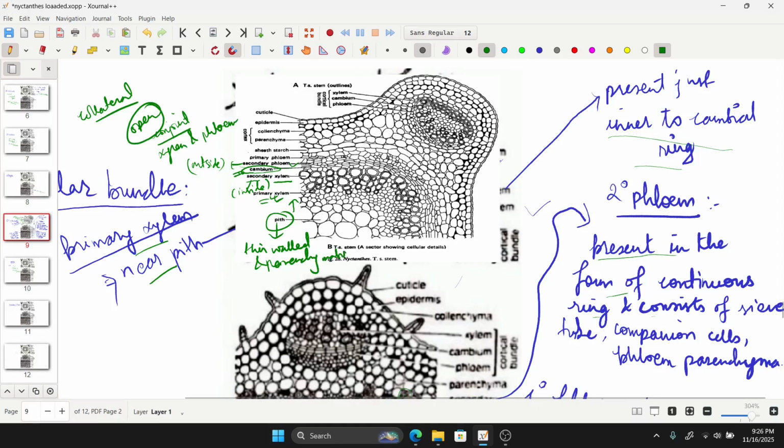So this is all about the anatomy of the stem. And talking about its anomalous feature, there is a presence of cortical bundles, and I have already said that in this case the cortical bundles are exarch type.